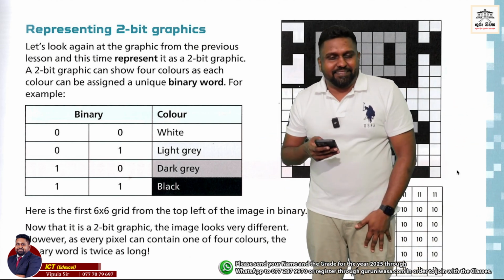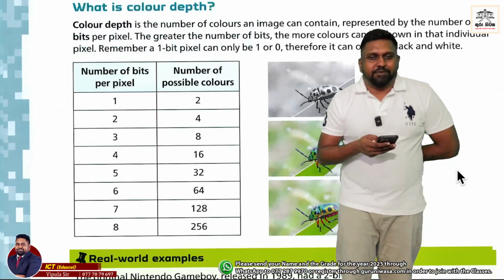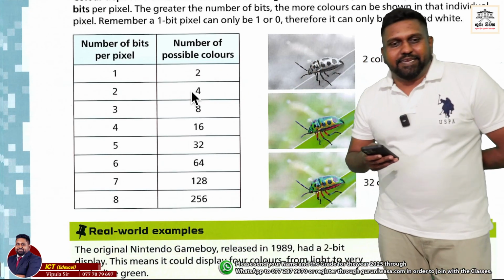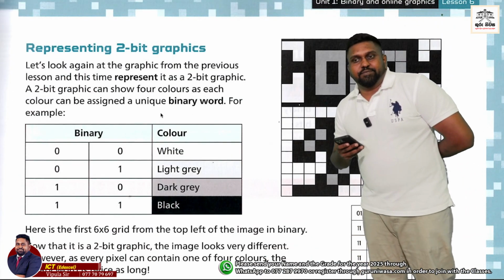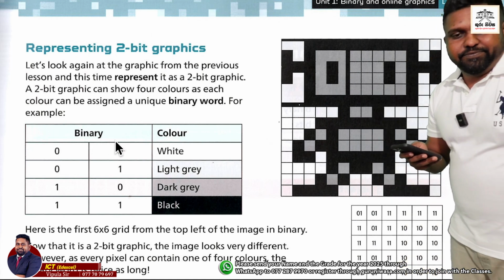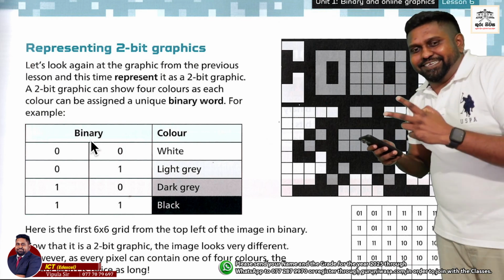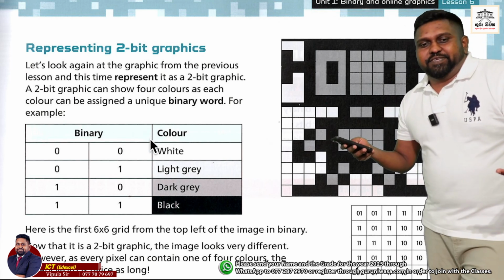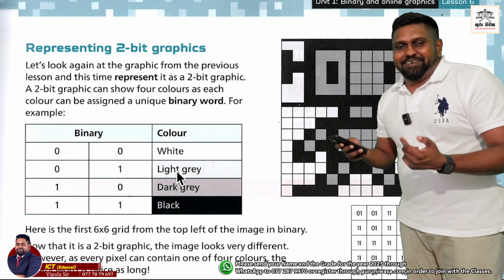So one last point. Let's quickly wrap it up and then we can call it a day. Now we went through the number of items. This is the number of colors and this is the number of pixels. Now we can see how 2-bit graphics can be represented. Since it is 2 bits, we have only two characters which we can handle. If both are 0, 0, that means white, and if it is 0, 1, that can be light gray.